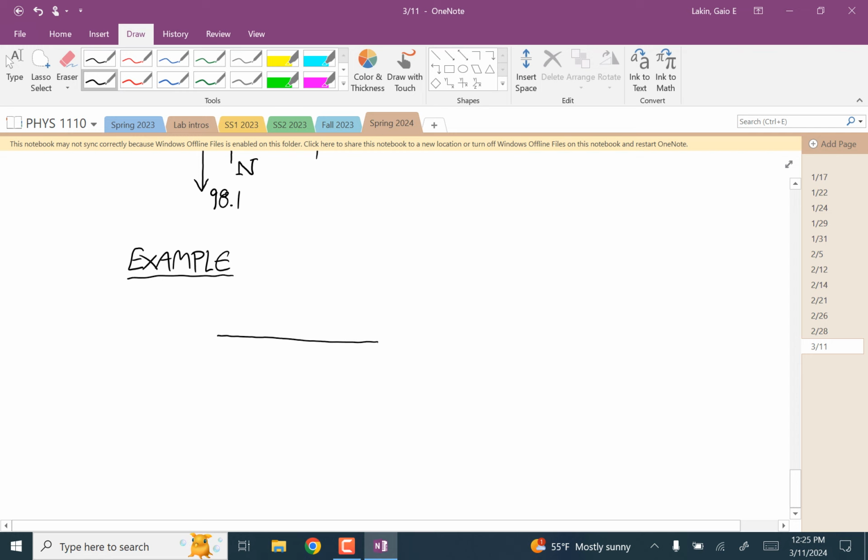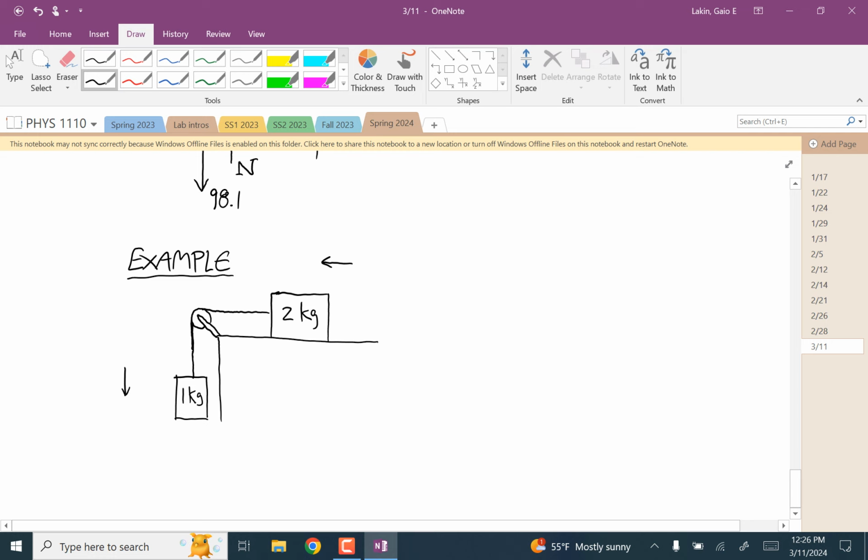Okay, let's say we have a block on this surface. Let's say this has a mass of 2 kilograms and it's connected to a hanging mass by a cable that goes over this pulley. And let's say at this instant, the sliding object is moving to the left.